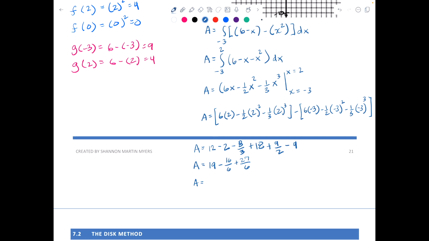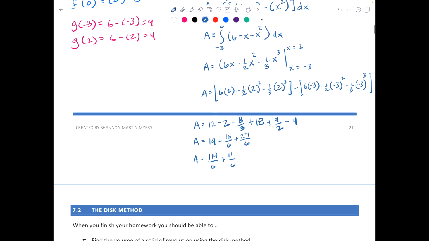And then we're going to have to get 19 in terms of 6. So 20 times 6 is 120, and then minus 6 would be 114. These two combine to be positive 11 over 6. And then the area will be 125 over 6 square units.